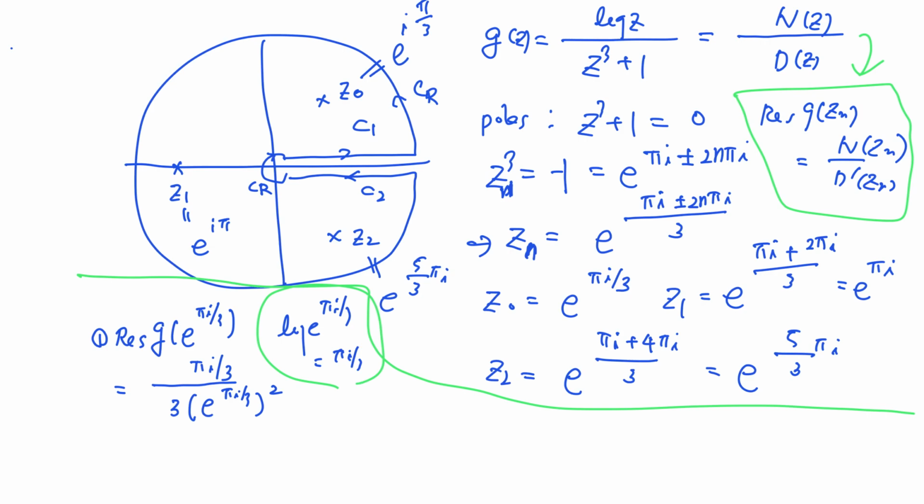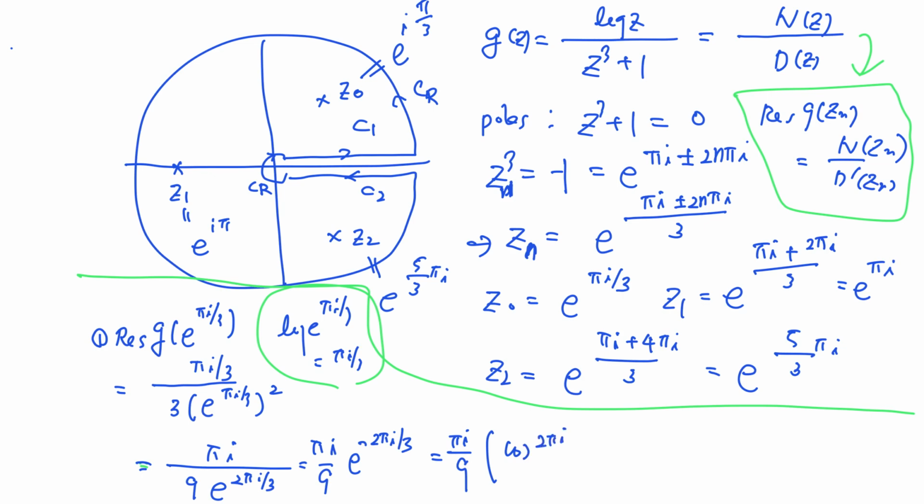So this is 3 times, that is 9 over pi i, exponential minus 2 pi i over 3, which is pi i over 9 times cosine 2 pi over 3 minus i sine 2 pi over 3.